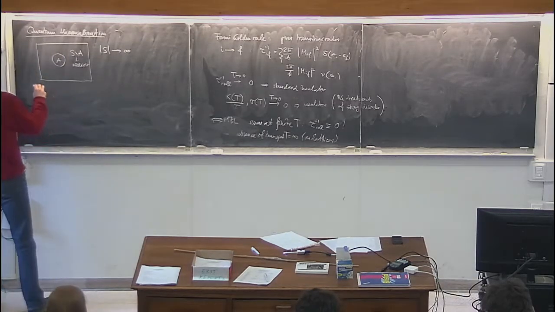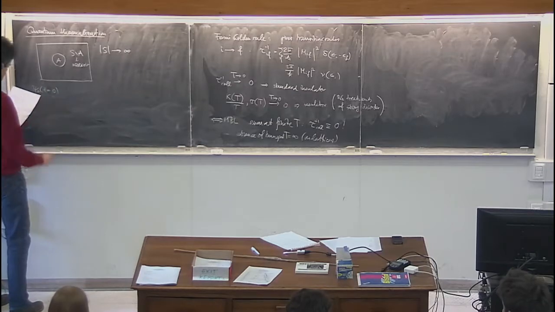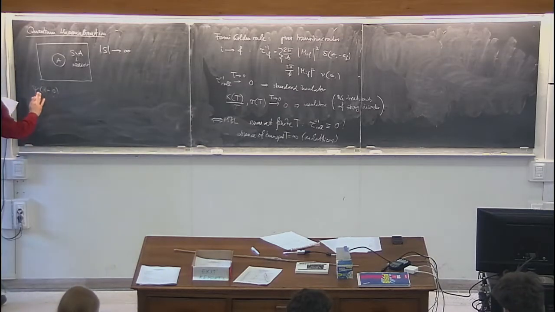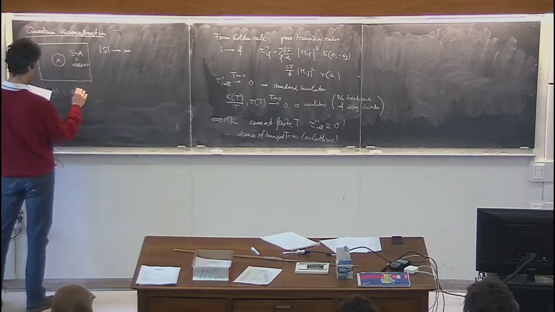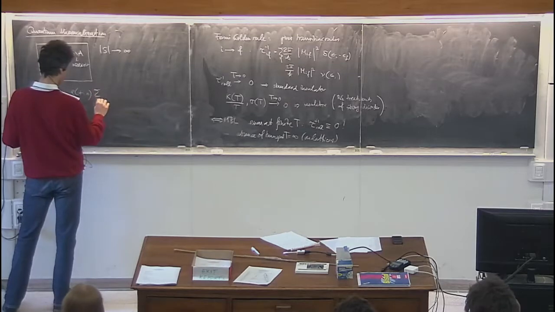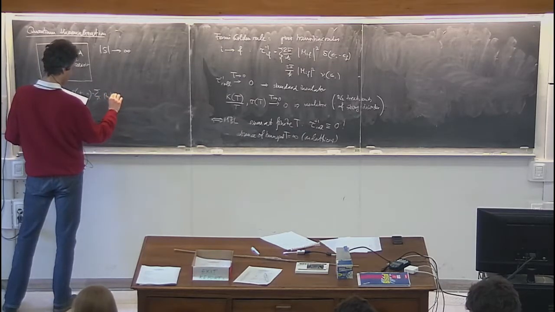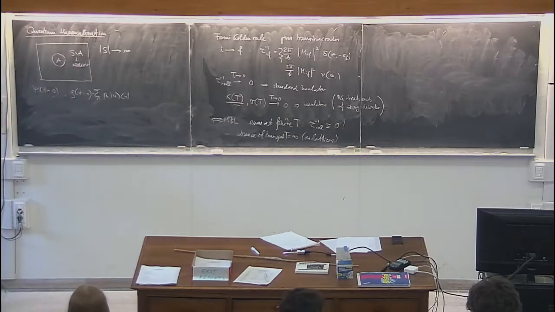And then you look at some initial state of the whole system, psi at t equals 0, or you can also take a density matrix, which would be some sum over pure states, whatever you want, and then you time evolve.